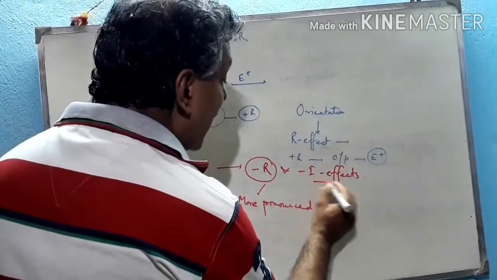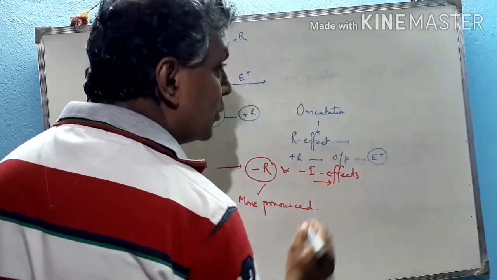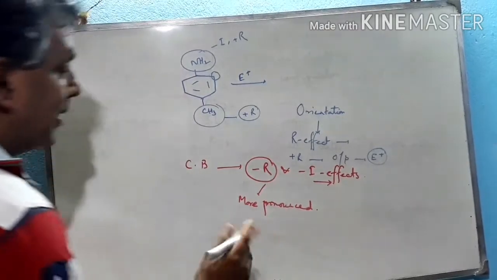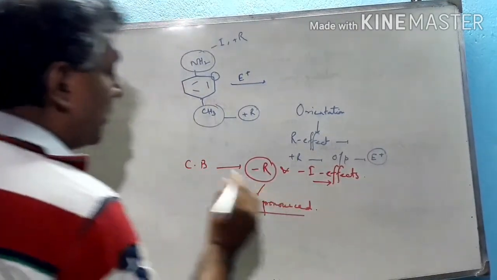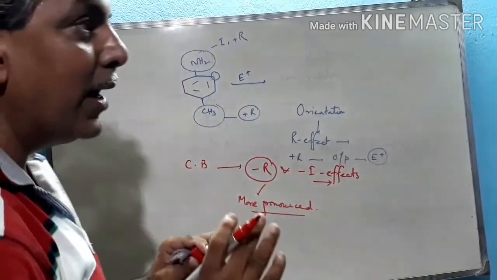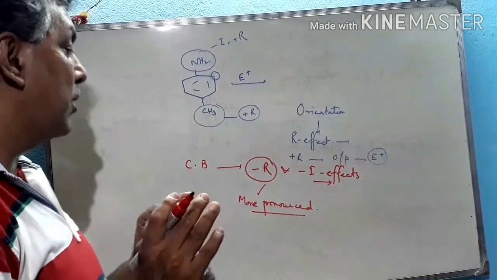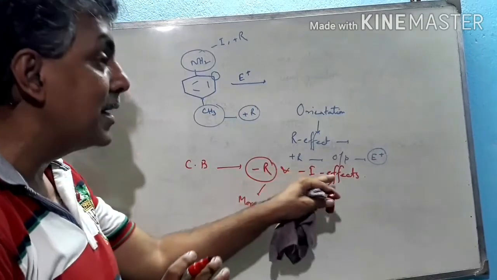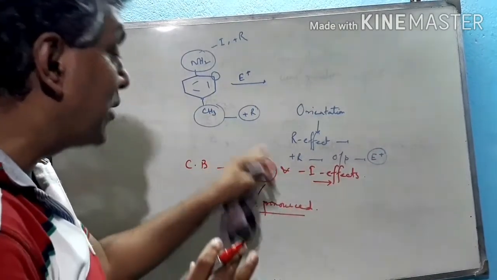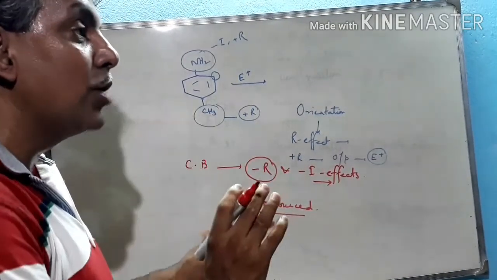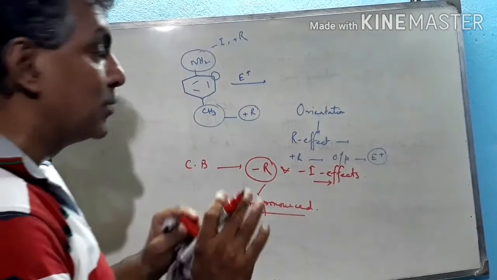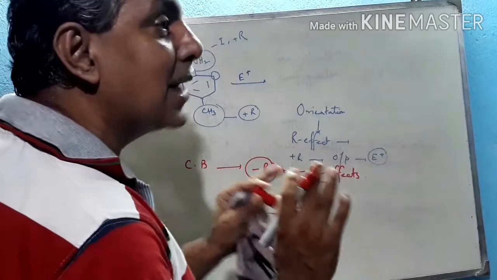But with minus I, only a partial donation through the sigma bond occurs, not a complete transfer of electrons. That's why this is more pronounced. So if we compare the stability of different conjugate bases, we have to consider first these two effects. Where the minus R effect operates, that will be more pronounced, so that will be the stronger acid. That means the conjugate base is more stable as compared to the minus I effects.